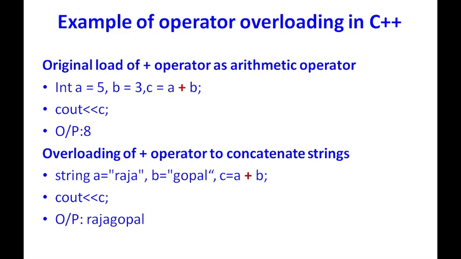Whereas when we use the same plus operator in the middle of two string operands, then it will behave as a concatenation operator. So it's not going to be acting as an arithmetic operator, but it will be acting as a concatenation operator. So this overloading is made part of C++, so we can make use of the plus operator in both the situations. This is an example of operator overloading. The same operator behaves differently according to the operand.